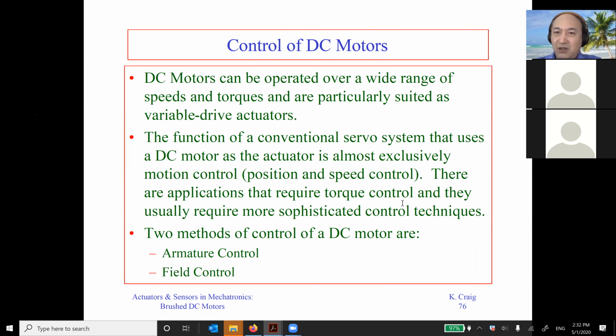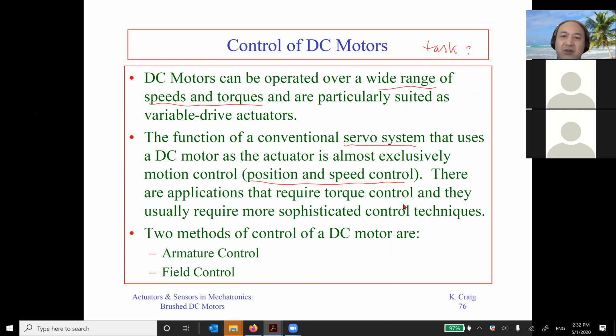Talking about control, you need to ask, what is the task? What is the motor for? Because you have a wide range of speed and torque relationships. A conventional servo uses a DC motor simply as an actuator for motion control with position and speed control.